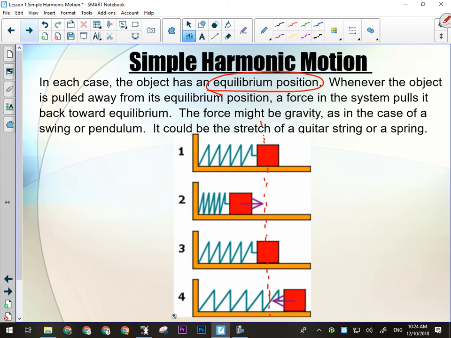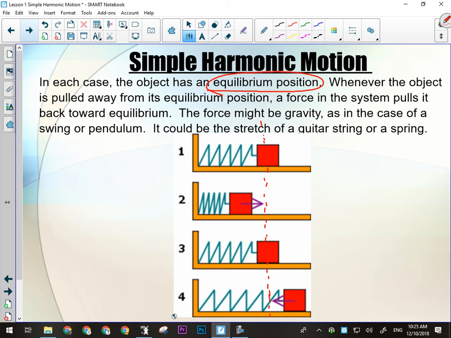It's not until it's disturbed from equilibrium position by doing work on it that it has the ability to exert any force and thus try to restore equilibrium. And that could again be the stretch of a guitar string or a spring. Obviously, the more you tighten a guitar string, the more it wants to return to equilibrium, and that actually changes the sound that it produces.